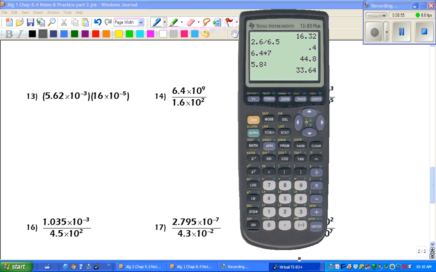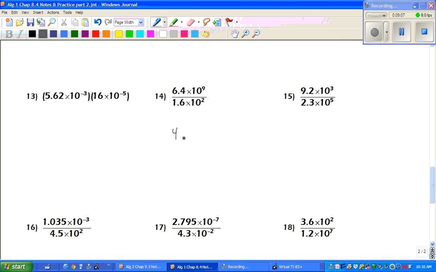All right, number 14, you divide those numbers. 1.6 gives us 4. And we have to subtract the exponents, so we get 7. And that's already in proper scientific notation, so we're actually done.